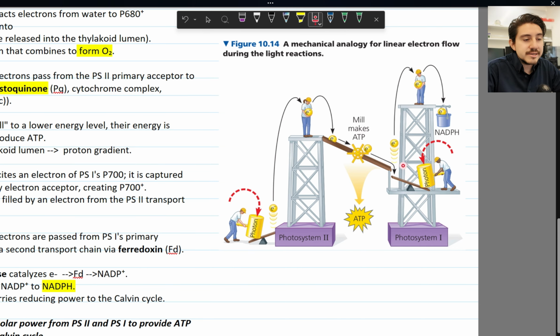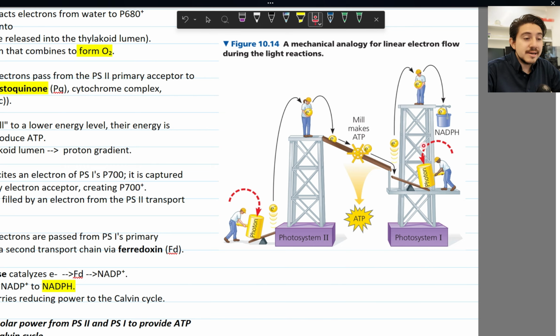Okay, this is a very nice analogy that you see here, where you have photons, basically light, providing that initial energy to jumpstart electrons to go into these electron transport chains. As the electron transport chain carries these electrons from one molecule to another, to another, to another, they generate ATP via hydrogen ions.